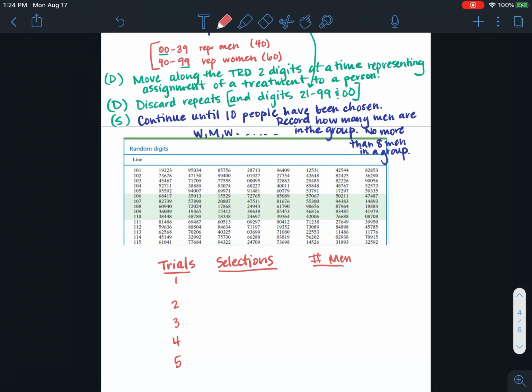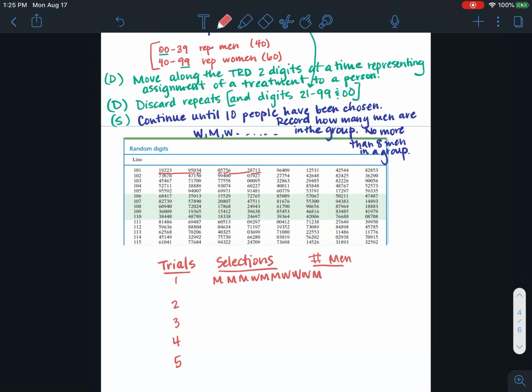Okay, I'm just going to start at the top. The first person is 19, which according to my pink is a man, and then 22, a man, and 39 is a man, 50 is next, which is a woman, 34 is a man, 5 is a man, 75 is a woman, 62 is a woman, 87 is a woman, 13 is a man.